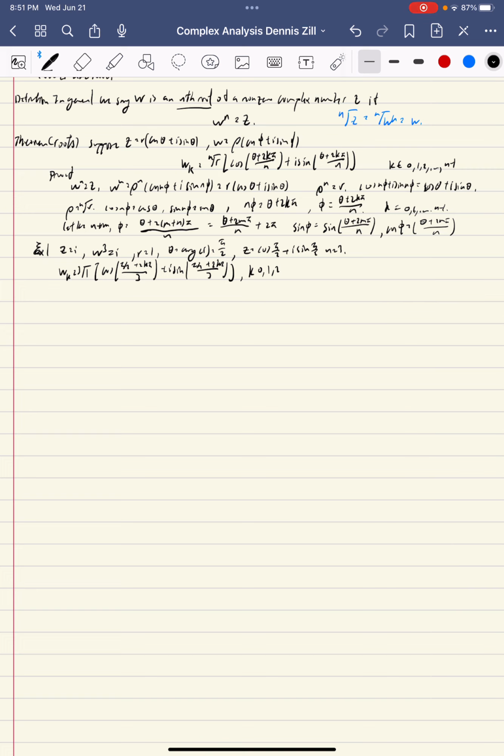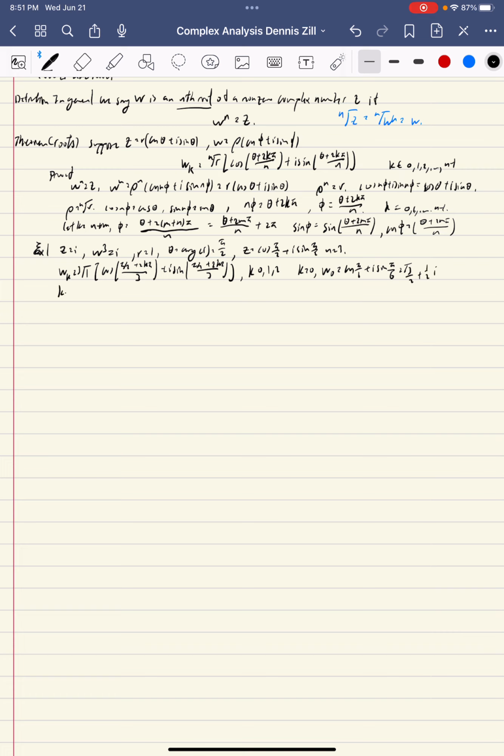Now, if we gently plug in what k is equal to, let k equal 0. Then w0 is equal to cosine pi over 6 plus i sine of pi over 6, which is root 3 over 2 plus 1 over 2 i.